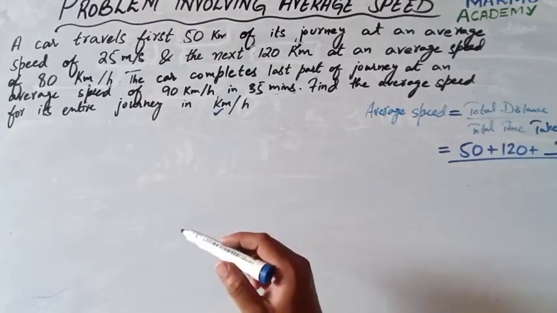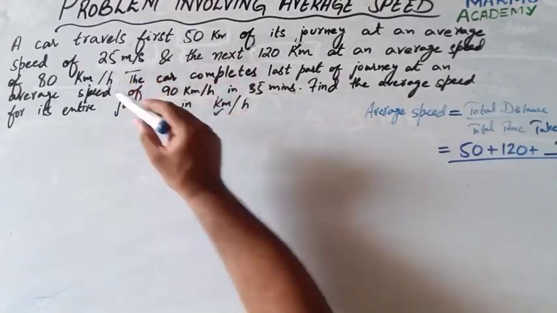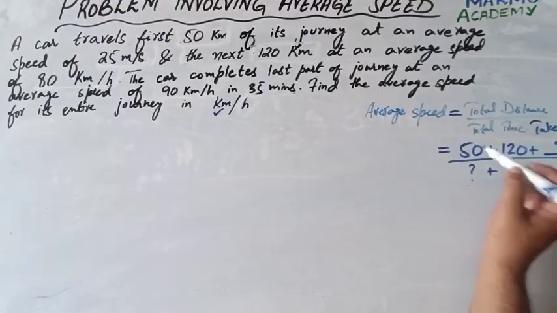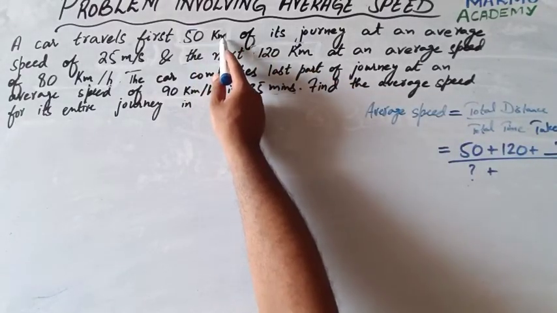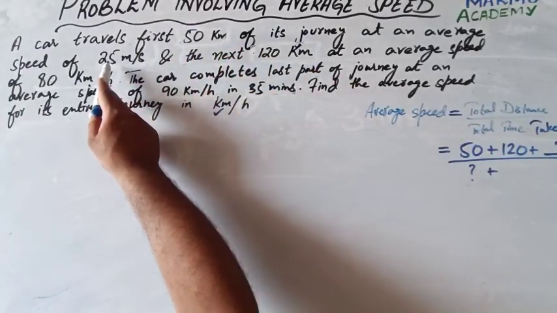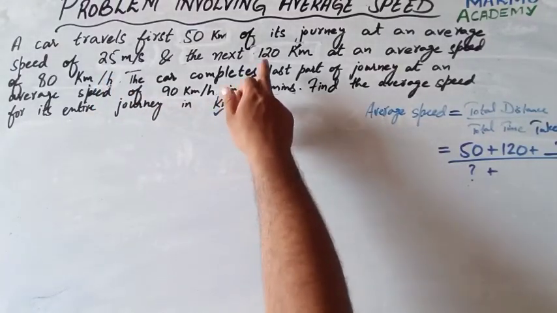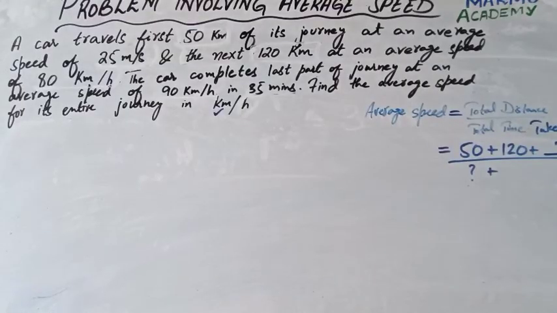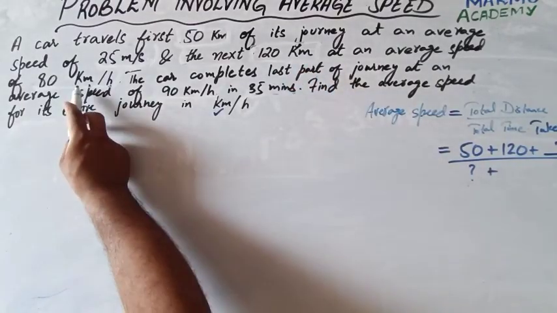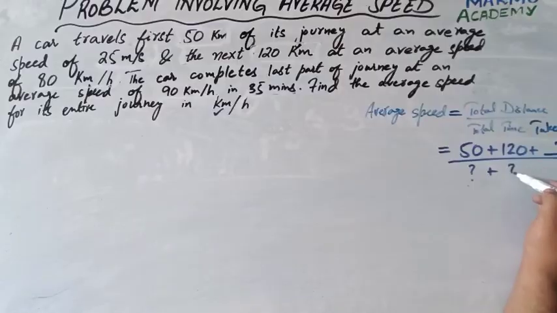Now total time taken. For the first part the time taken is unknown. Why? Because it's given 50 kilometers and 25 meters per second is the speed. For the next 120 kilometers, this is the distance and speed, again time is unknown.